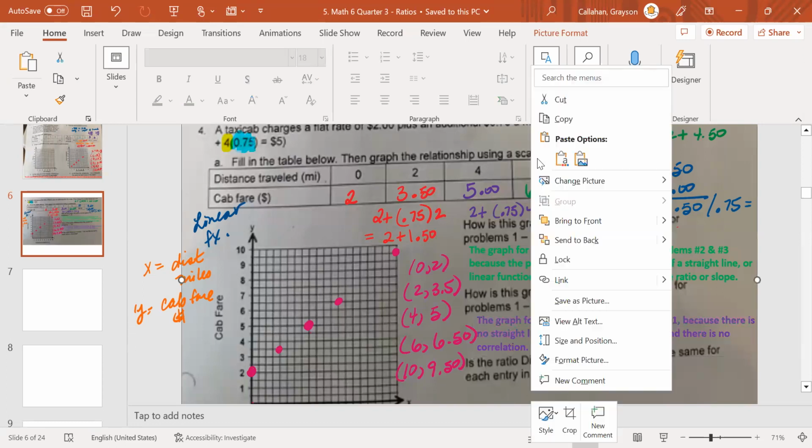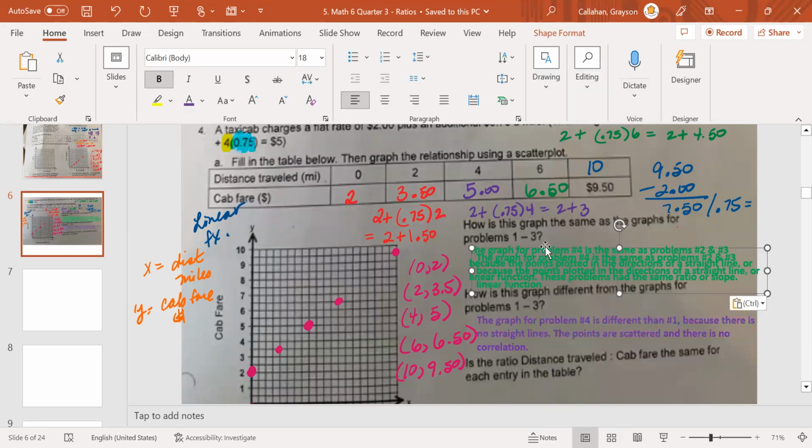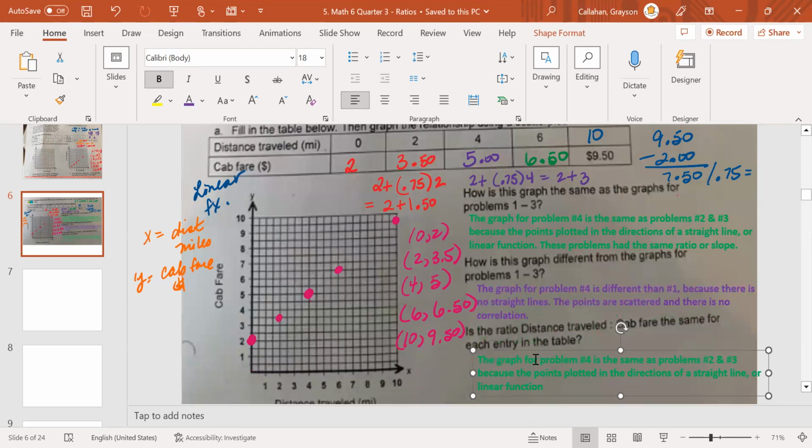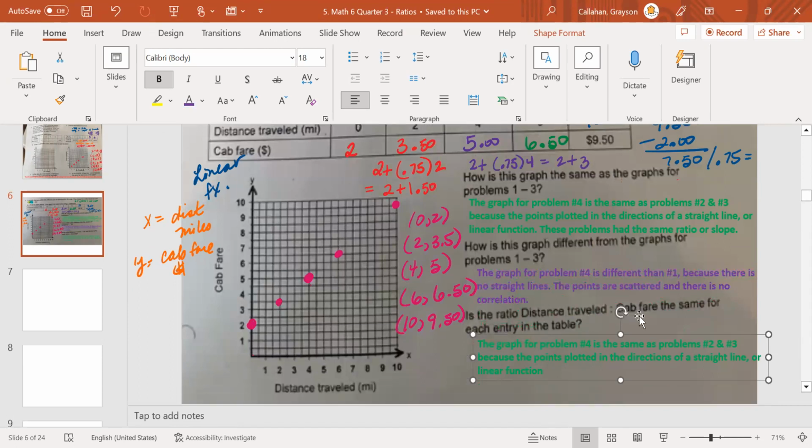All right, so then last one. Is the ratio distance traveled to cab fare the same for each entry? And you can say, yes, the rate for each mile is 0.75. The standard flat rate is $2.